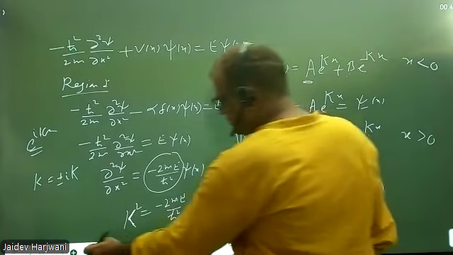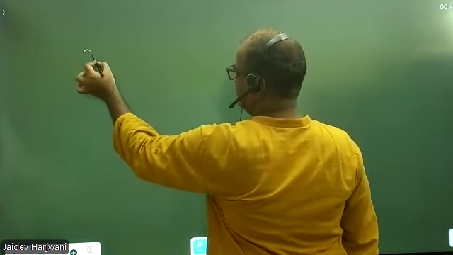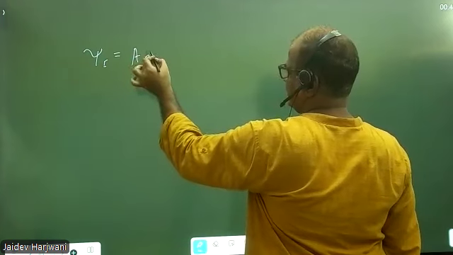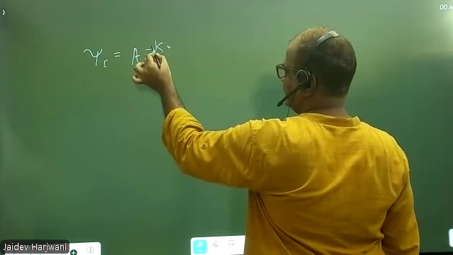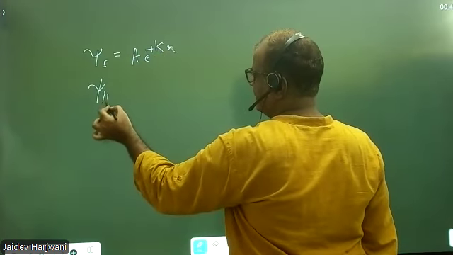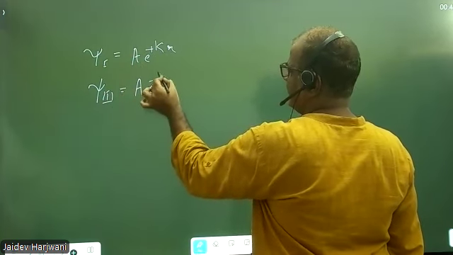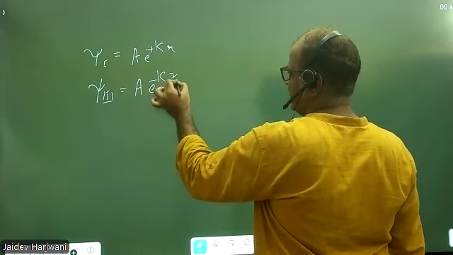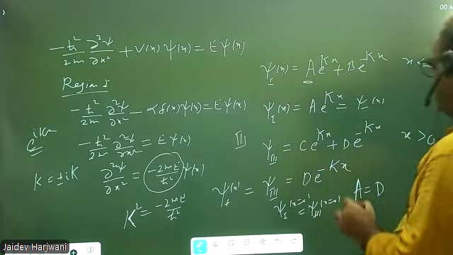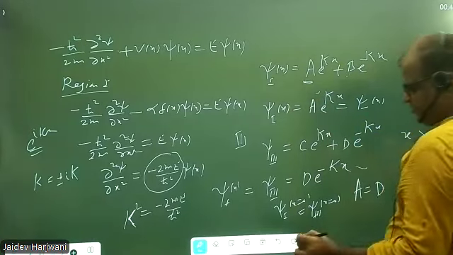Now let me draw the wave function. In the psi 1 region I have a e^(κx), and in region third I have the solution again a e^(−κx). In x greater than 0 we have a negative exponent, and for x less than 0 we have a positive one.